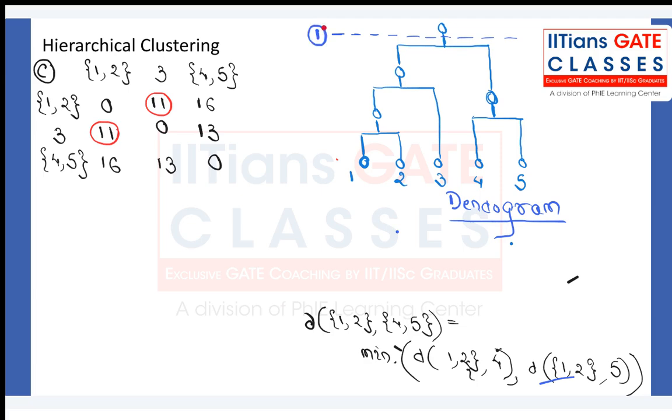Let's say I want 2 clusters. I'm not happy with one cluster, I need 2 clusters. So I'll cut through here. So I will get 2 clusters. How do I get 2 clusters? See, this is my one cluster containing the points 1, 2, and 3.